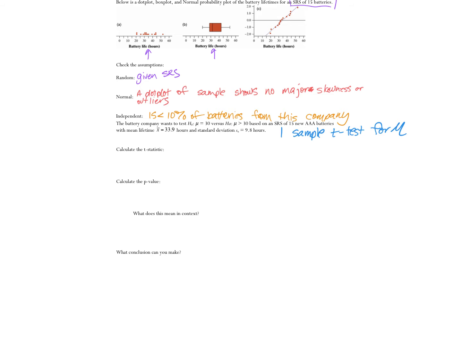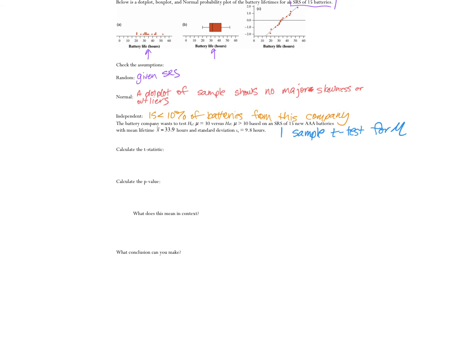And our test statistic is no longer a z. Our test statistic is going to be a t, for the exact same reason we used a t-interval. Because we're going to end up using the standard deviation of our sample instead of the standard deviation of our population. Remember this from last week? We use t because s is a crappy estimator of sigma.